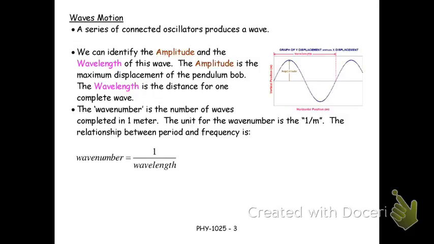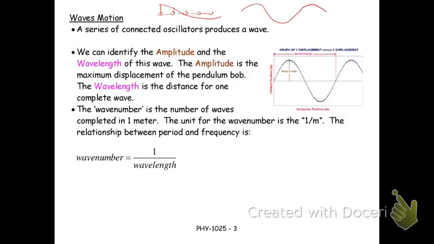When we connect together a whole bunch of oscillators, here's a whole bunch of pendulums connected together by bits of elastic. I'm going to show it from above. When this one oscillates, it pulls on that one, pulls on that one. So you get this delay, and that forms what looks like a wave. It's beautiful.